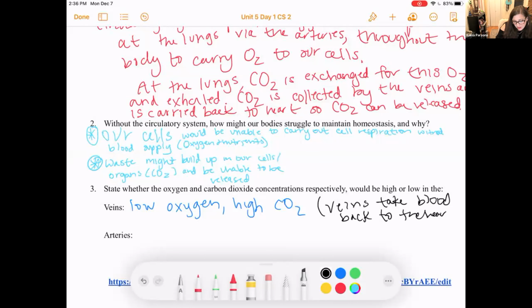So this is like the bus on the way home from the field trip, right? Exhausted, done, not high energy. But the arteries, on the other hand, they're the bus on the way to the field trip.